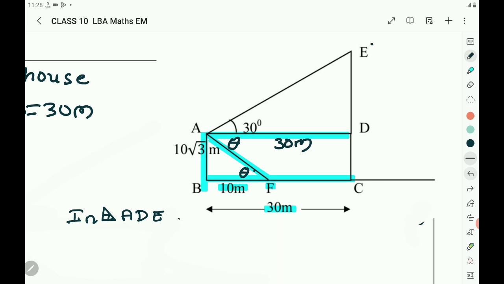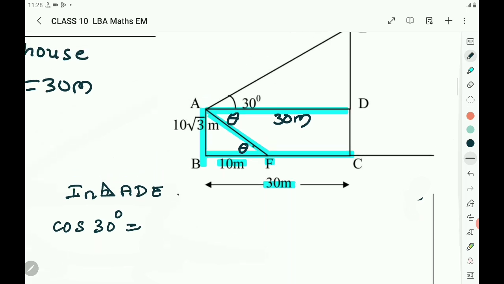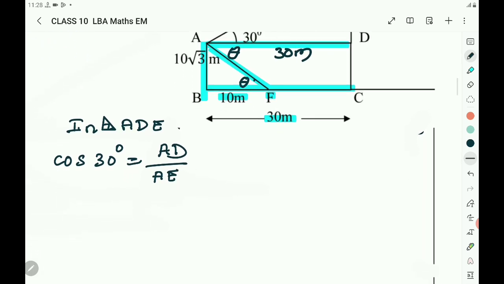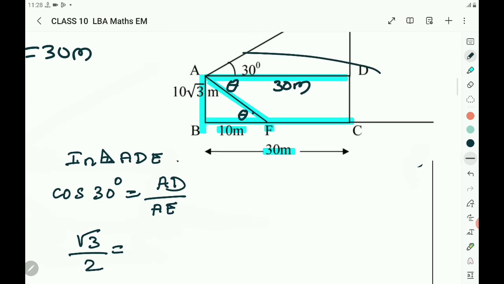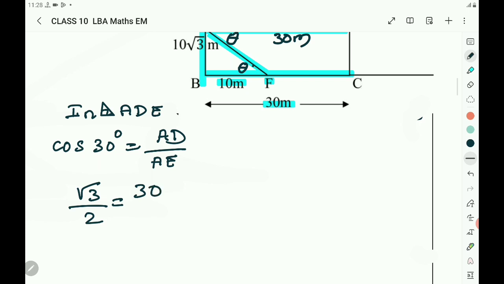You write cos 30 degree equals adjacent side AD by hypotenuse AE. Cos 30 is root 3 by 2 equals AD, you got 30 meter. 30 meter is given and AE is to be found out.